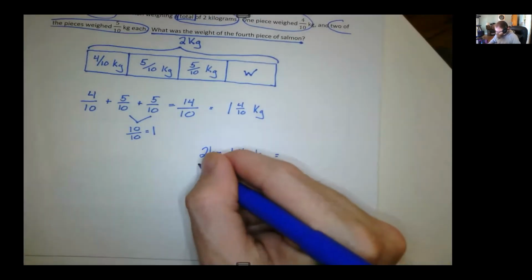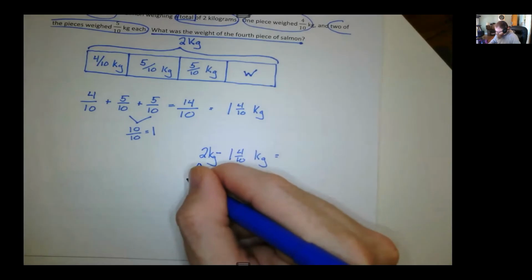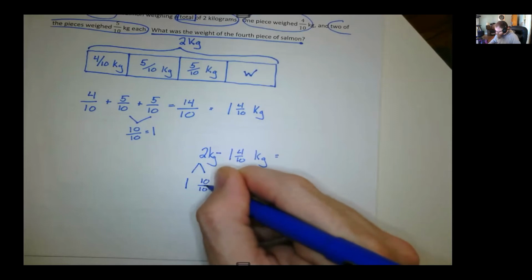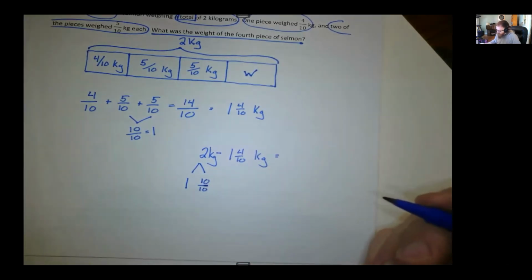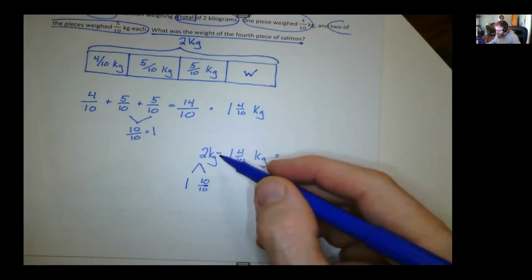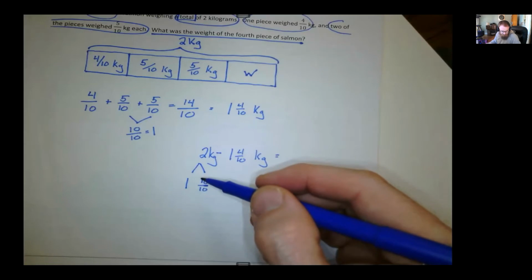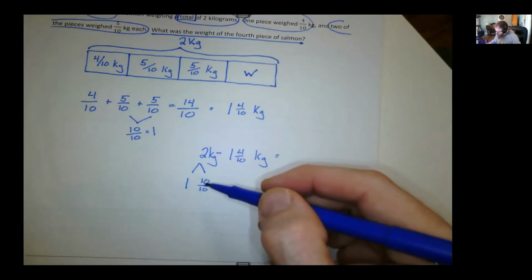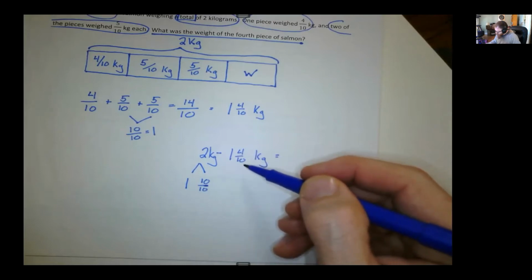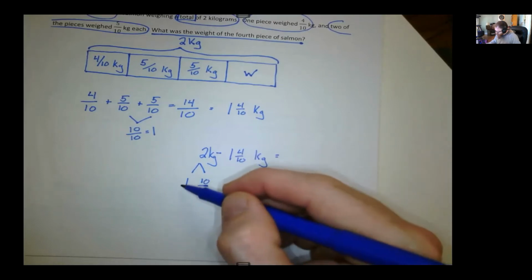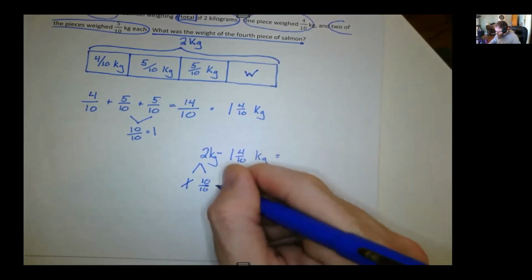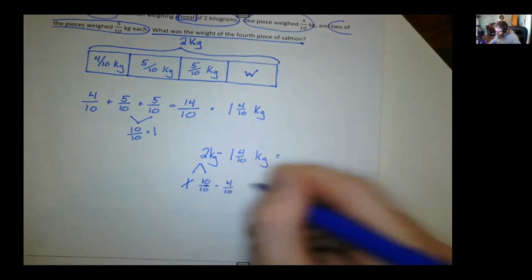We can use a number bond strategy to separate 2 into 1 whole and 10/10, which is equal to 1 whole. If we separate 2 into 1 whole and 10/10, and we're subtracting 1 whole and 4/10, we'll subtract 1 whole completely, and from 10/10 we can subtract 4/10. 10 minus 4 is 6.